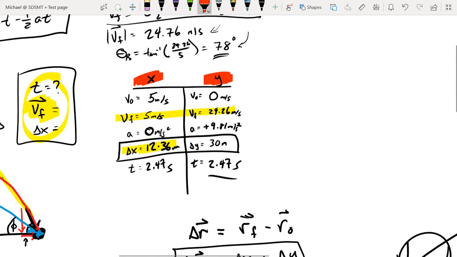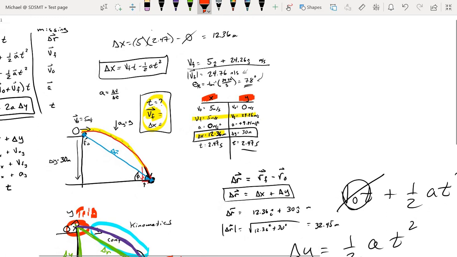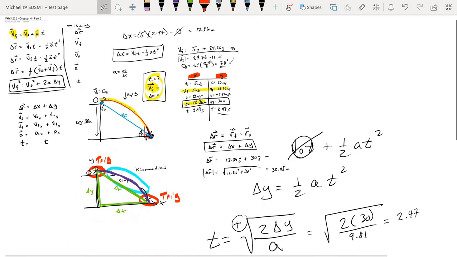Then once we get the table filled in, we can recombine those vectors and answer any question that the book might pose to us. So in a couple of the future videos for this chapter, we'll see a couple more example problems with two-dimensional motion, and then we finish up the chapter with topics of circular motion and relative motion.